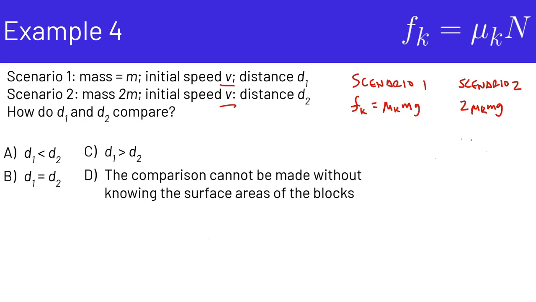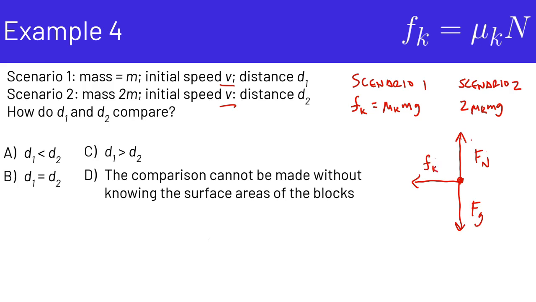Okay, so I've given myself a little bit more room here to work, and I've written down the kinetic friction force for scenario 1 and for scenario 2. For scenario 1, we have the kinetic friction force is mu sub k times mg, and for scenario 2, it's 2 times mu sub k times mg. So if we draw a free body diagram here, we have the force of gravity balanced by the normal force, and then in the leftward direction, we have the force of friction, so the kinetic friction.